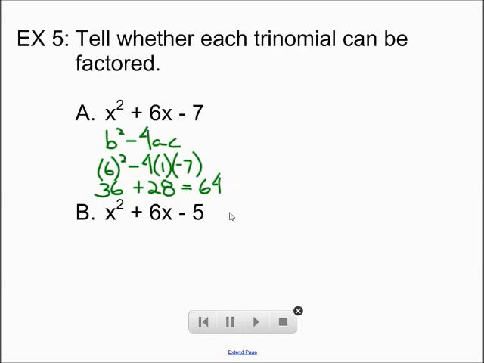Now, 64 is a perfect square, and that lets me know that x squared plus 6x minus 7 can indeed be factored. Again, if the value of the discriminant is a perfect square, then the trinomial can be factored.